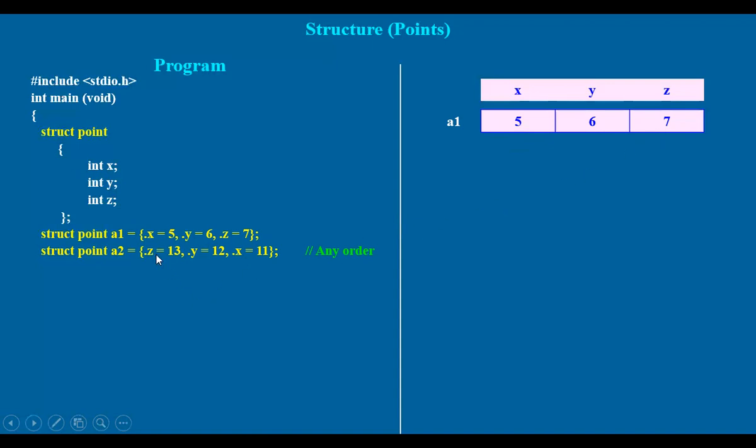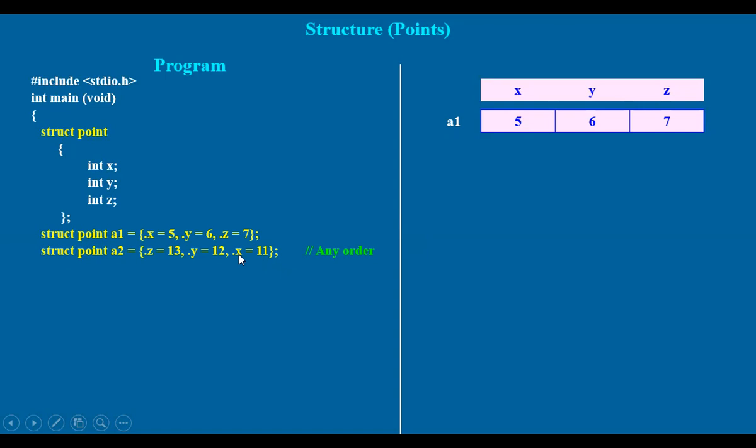But coming to this second one, I haven't used the values in the same order, but used dot Z first, right? Third field first, second field second, and first field last. What happens? How are they assigned? Yes, exactly, they are assigned by name.